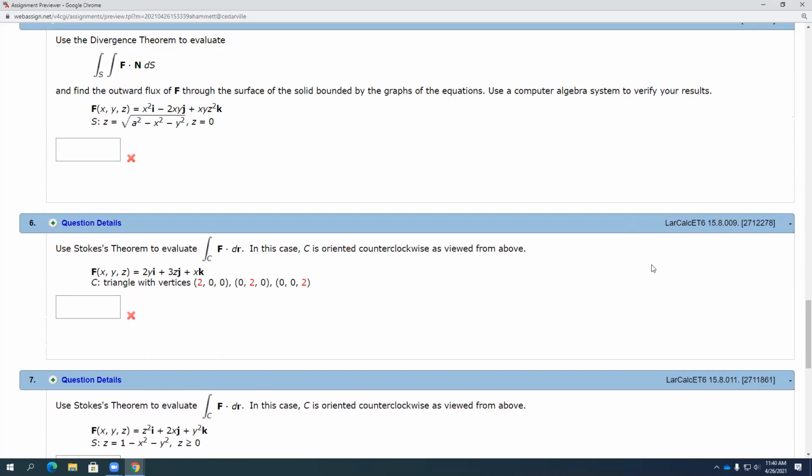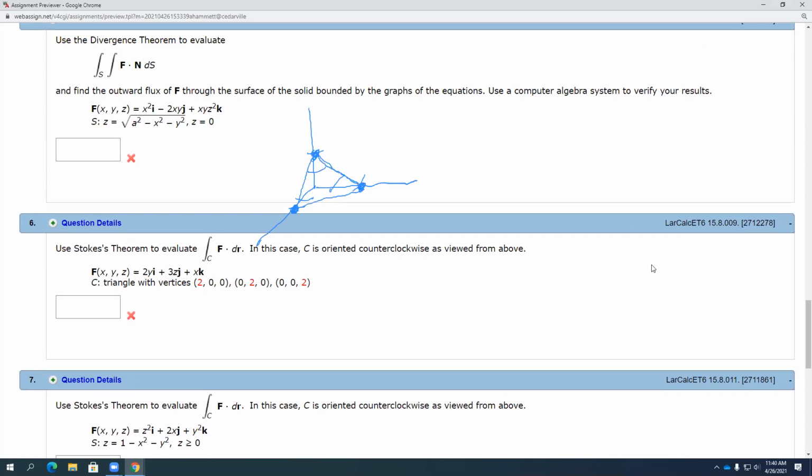Let's just draw a picture of what's happening here. 2, 0, 0, so that's right here. 0, 2, 0. And 0, 0, 2. So here's the triangle they are talking about.